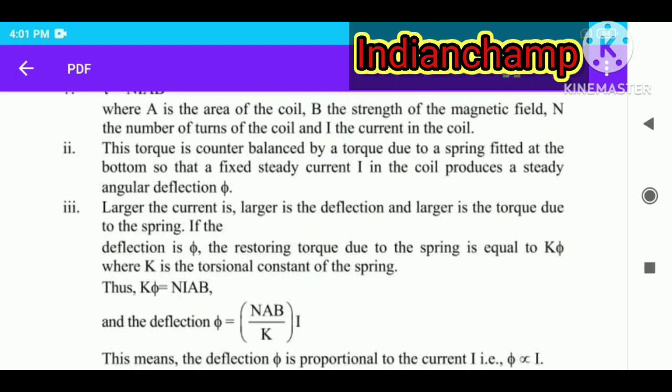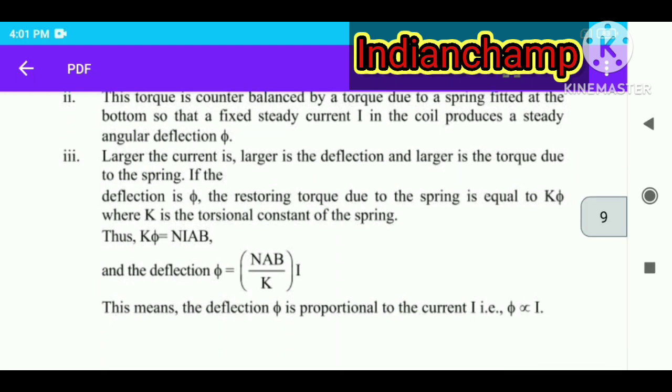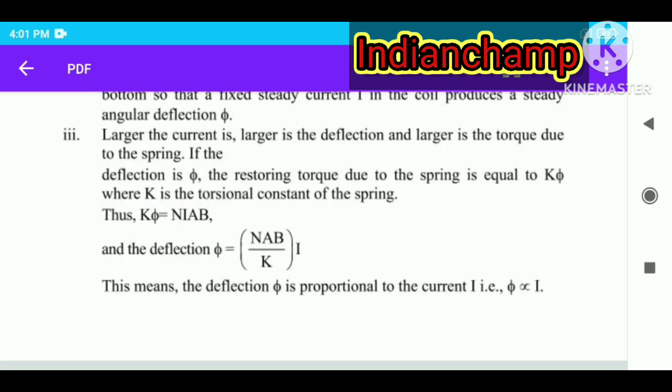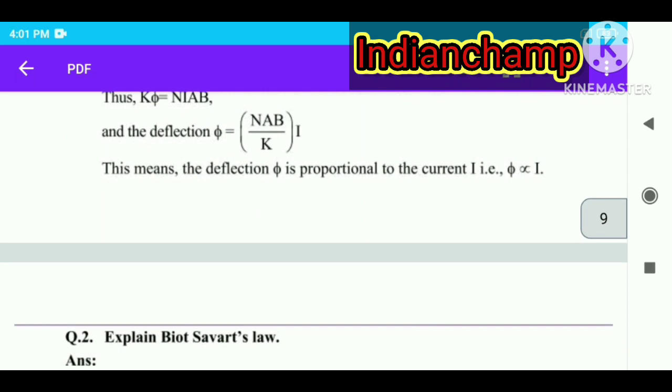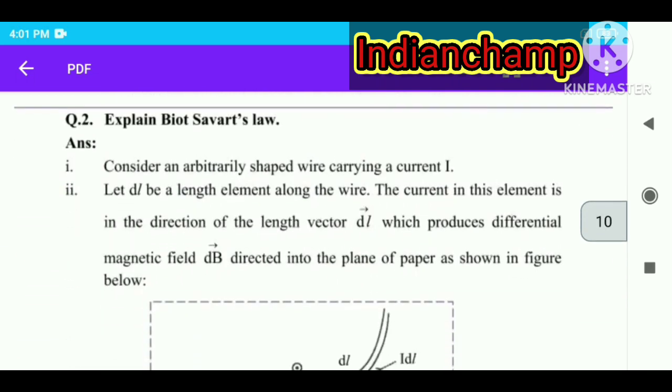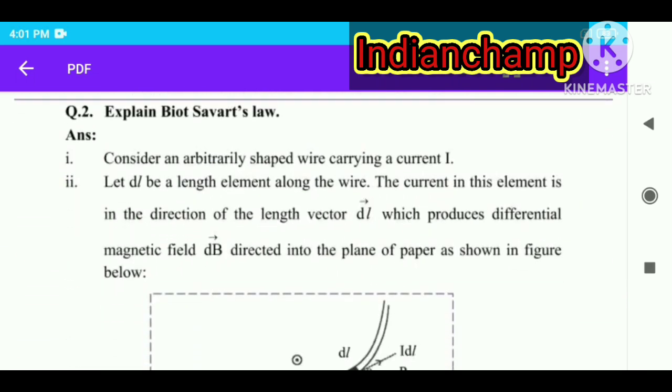If the deflection is phi, the restoring torque due to the spring is k phi, where k is the torsional constant of the spring. Thus k phi equals NIAB, and the deflection phi equals (NAB divided by k) into I. This means the deflection phi is directly proportional to the current I.